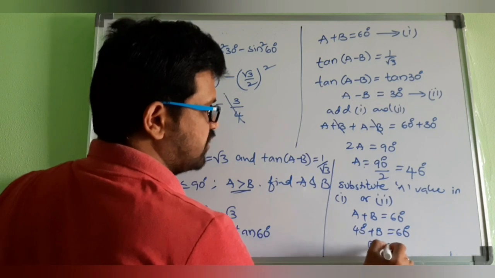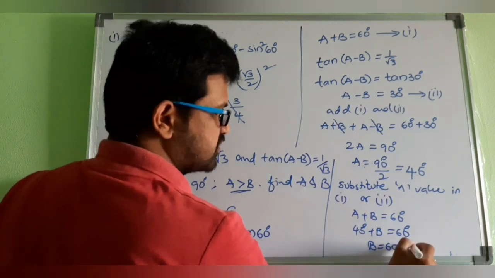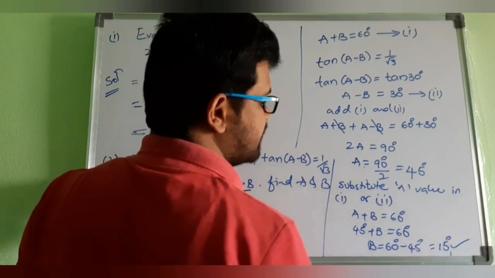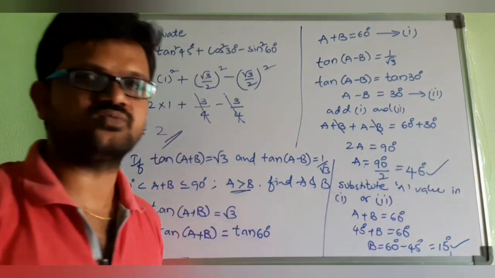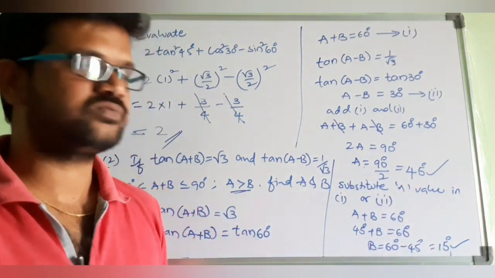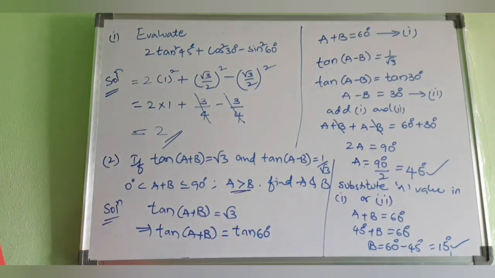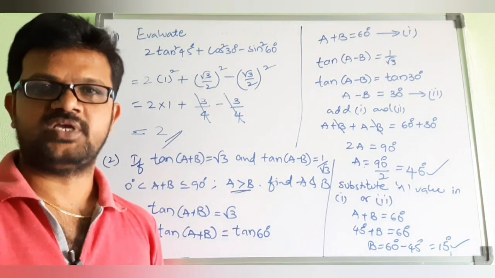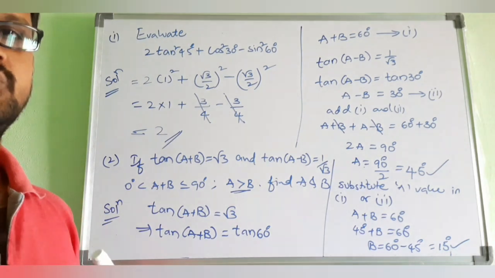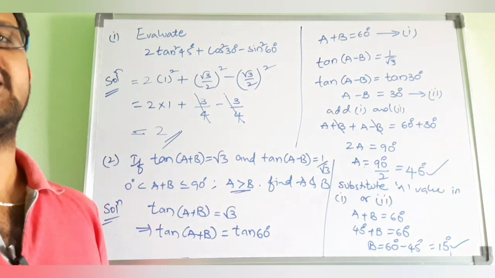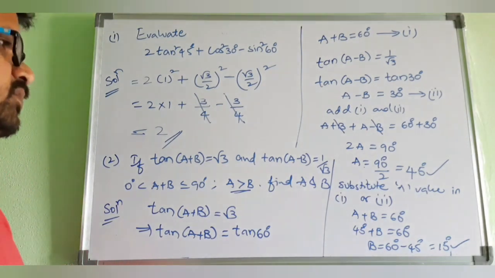So B is equal to 60 minus 45, transposing. How much? 15 degrees. B value is 15, A value is 45. We got it. A is greater than B. A is 45, B is 15. Like this we can solve a number of sums based on these values. Okay. So each and every student, you should know all the values, sine 30 and cosec 90 degrees. Okay. Note down this.